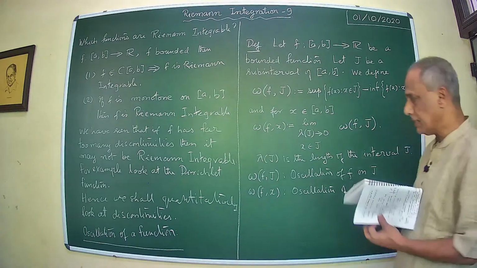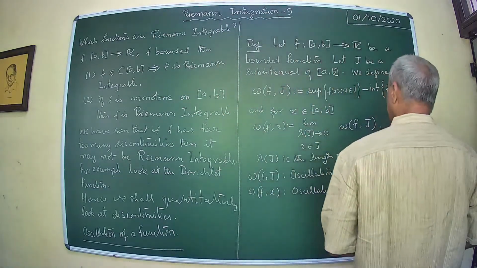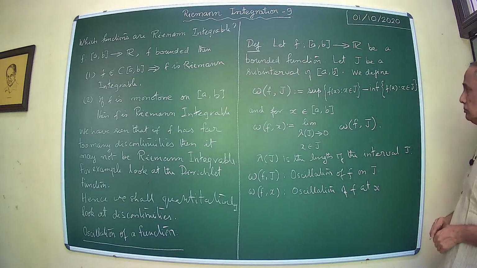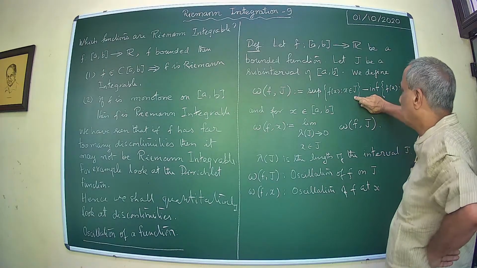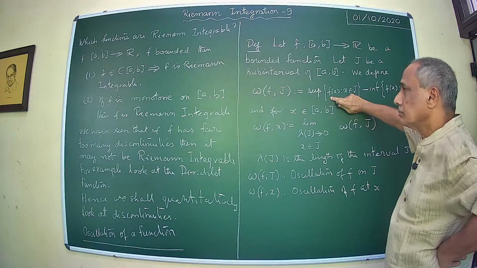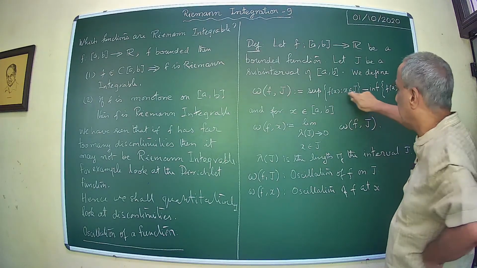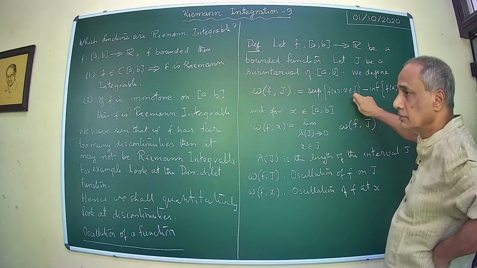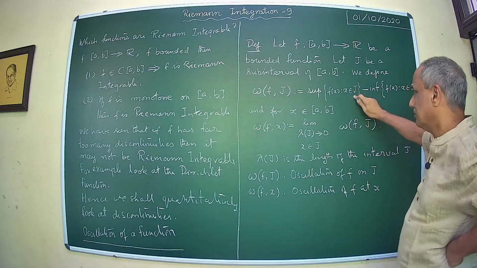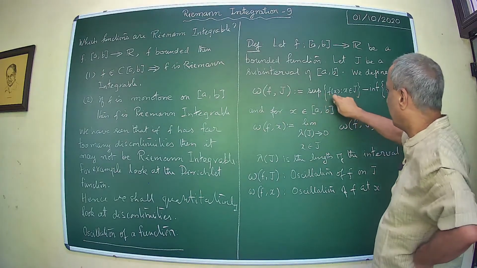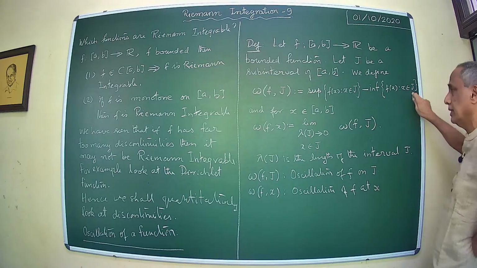Now let us examine what this is. First of all, whether our definition makes any sense at all. J is a subinterval of [a, b]. Now you see that f is assumed to be a bounded function on [a, b] and therefore it is bounded on J. Therefore, it is bounded above and bounded below. Therefore, the supremum of f on J and the infimum of f on J exist.